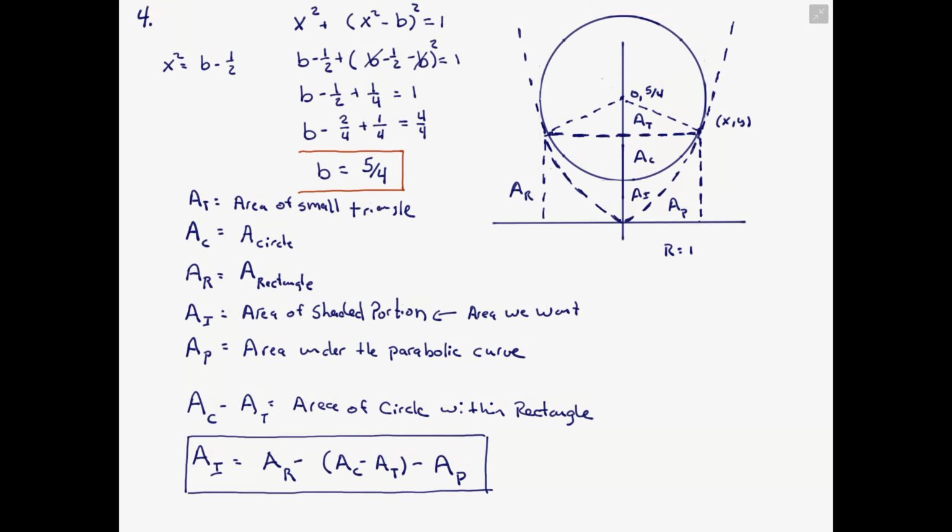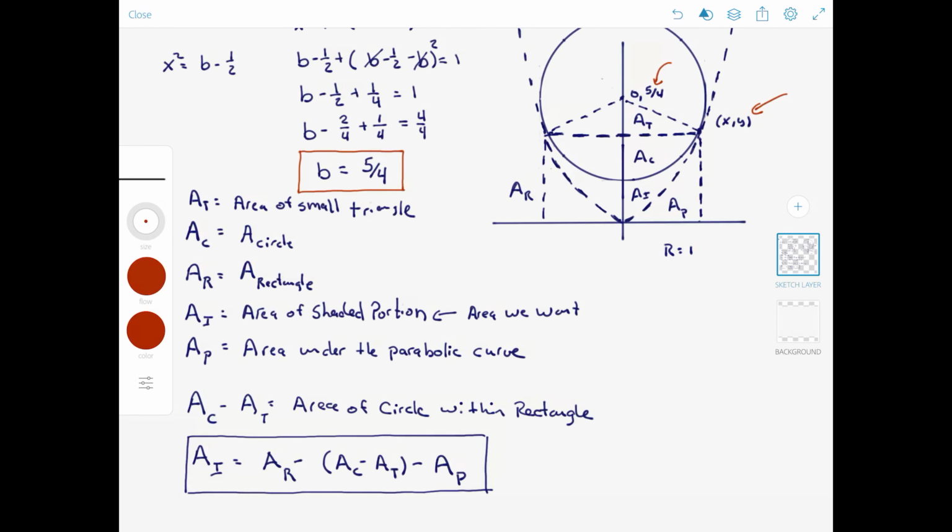That's the solution of our algebra. We solve for b. B is 5/4, and then once we have b, we can plug that back into the original equation and solve for the x and y. And once we have the x and y, then everything falls out.